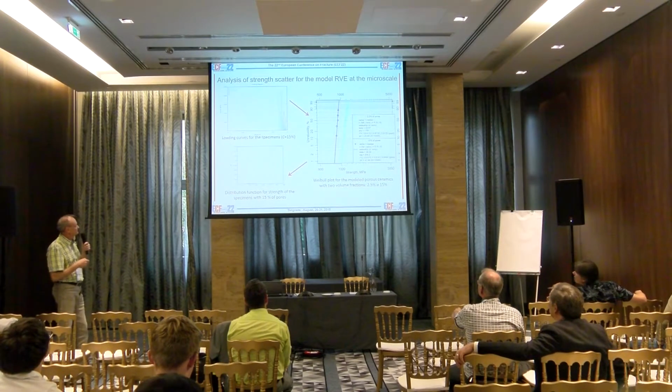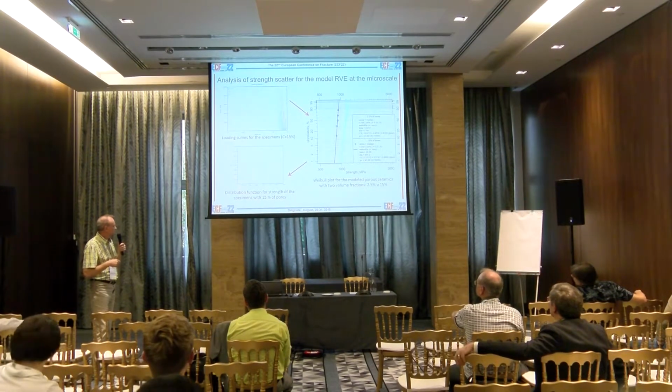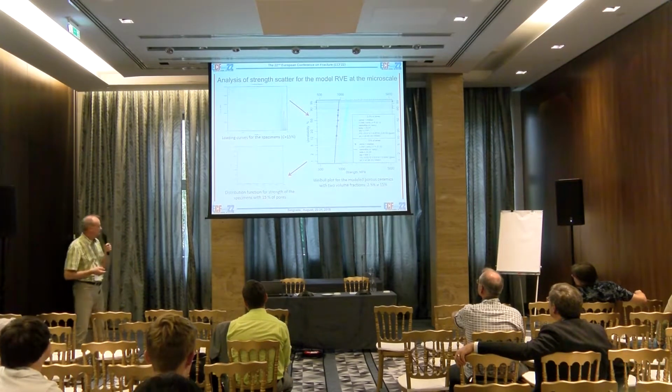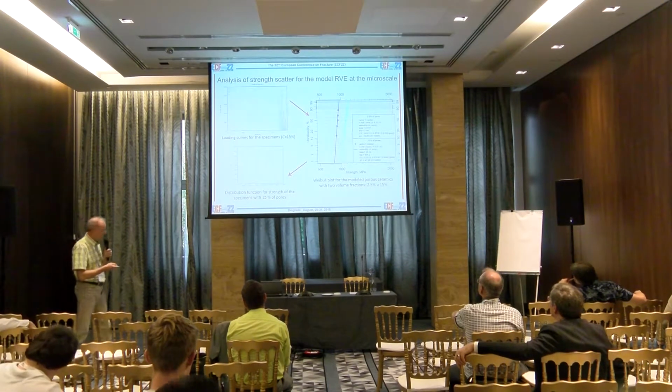As I said, we apply Weibull analysis to this data, which allows us to build the Weibull distribution functions for elastic modulus and for the strength at this scale. On the right, these are just Weibull plots.